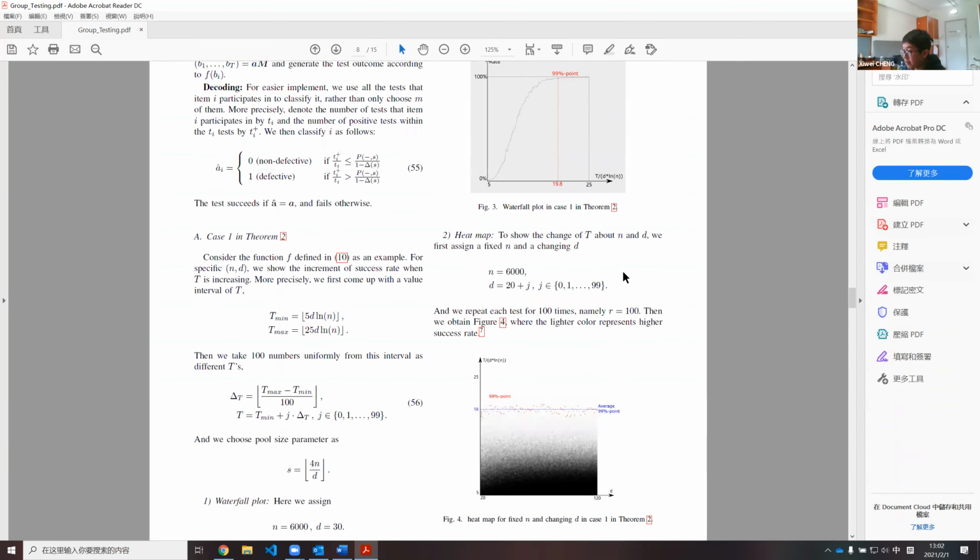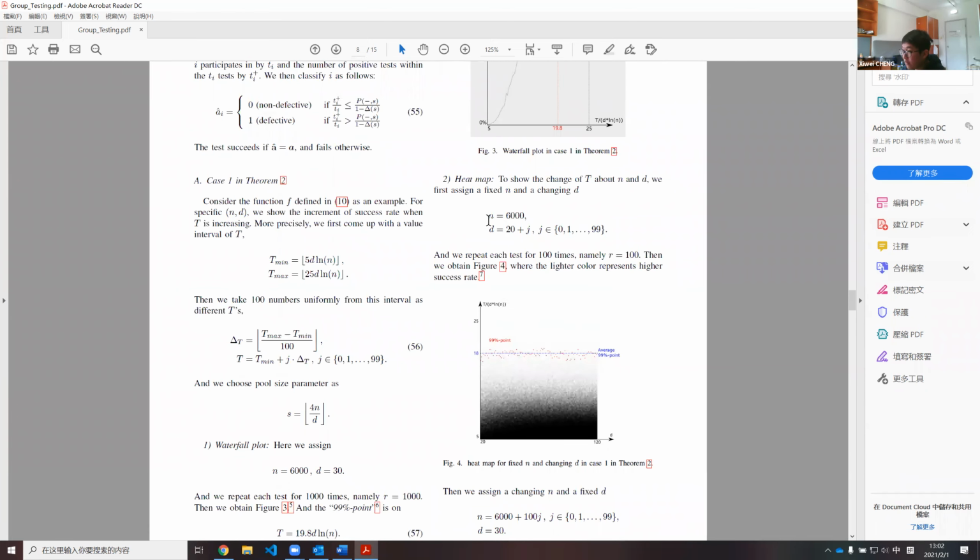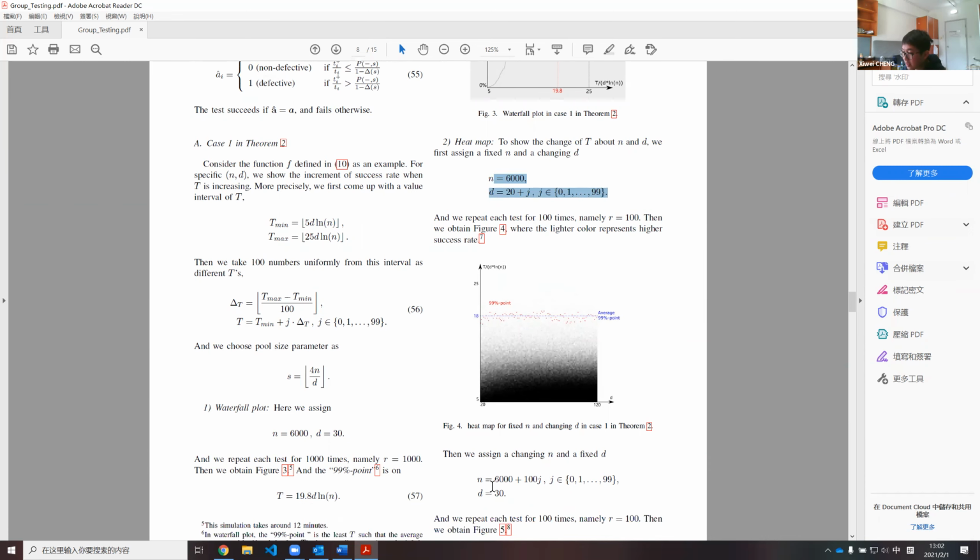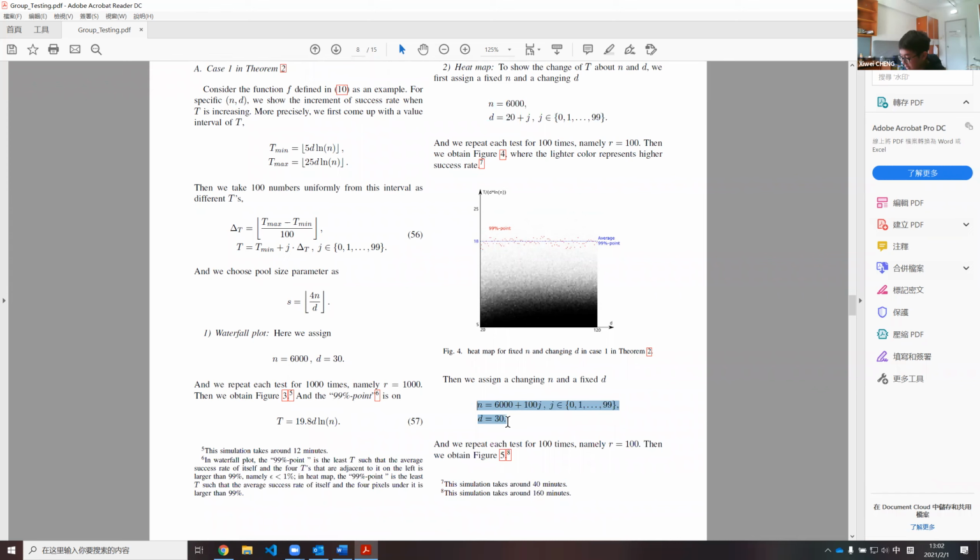Then for the heat map, we make n fixed and d changing, or make n changing and d fixed. And we use the depth of darkness to represent the failure rate. The lighter one pixel is, the success probability is larger. And we can also find the average 99% point.